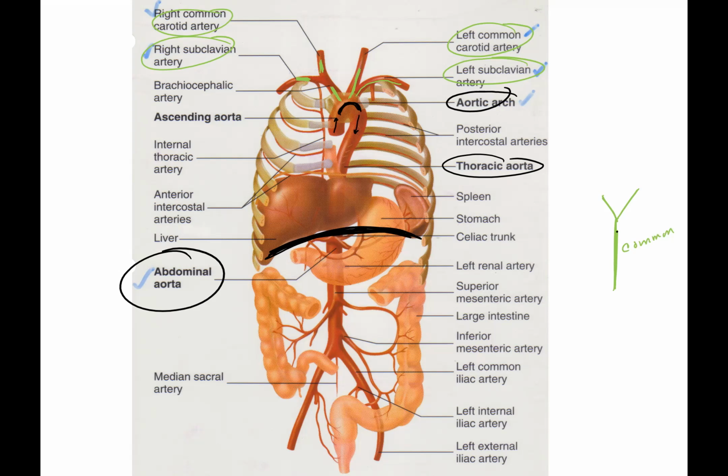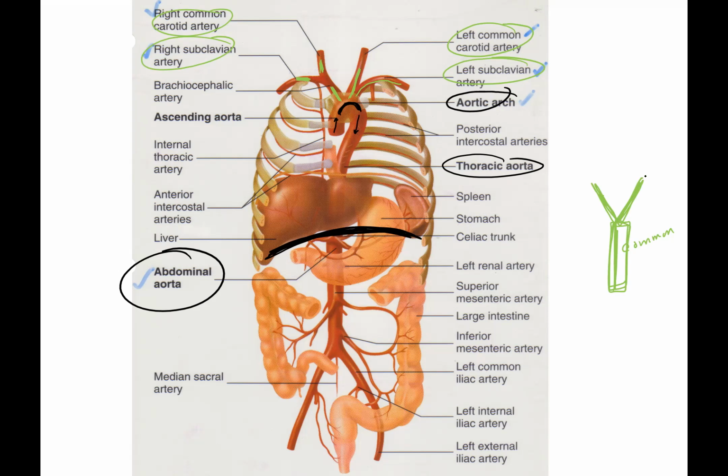The common area is like the main road, and then all of a sudden it splits. So you know a fork in the road is getting ready to come up if you have a tube that's named common. So the right common carotid and the left common carotid eventually are going to give rise to a fork in the road.